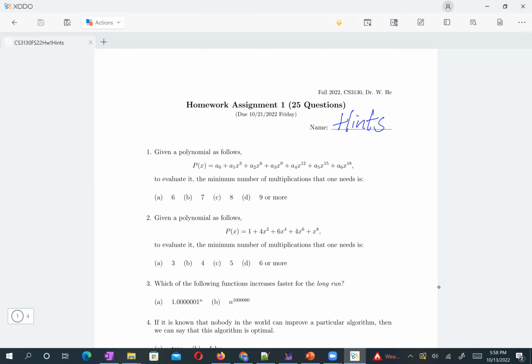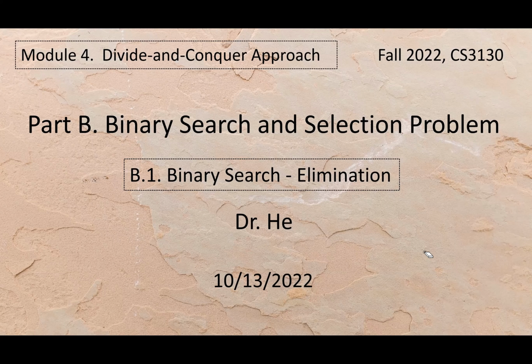All right, I want to stop this topic right here and move to our next topic: binary search and selection problem. Binary search first, B.1, and we use the elimination idea to understand this problem.